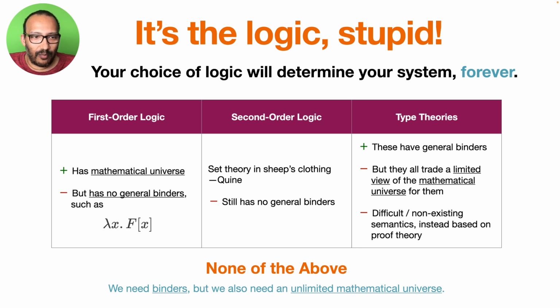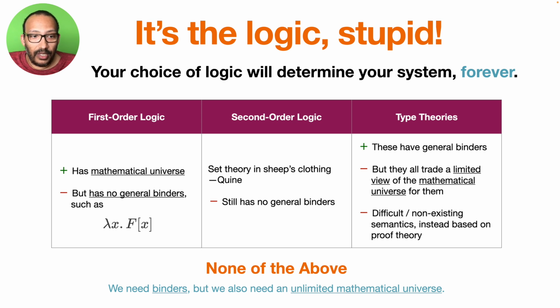they have mostly these three kinds of logics: either first order logic, second order logic, or a type theory based logic. And first order logic is probably the most popular logic among mathematicians, if they care about logic at all. But its problem is that it has no constructs for general binders.